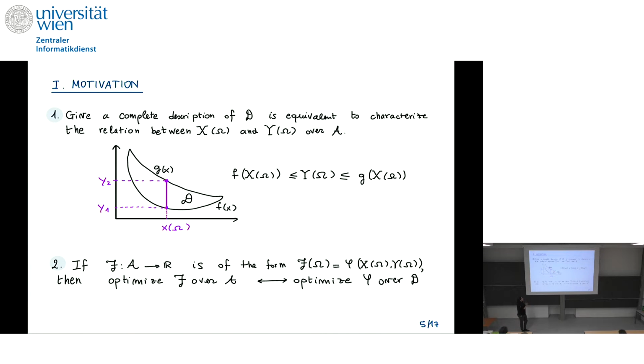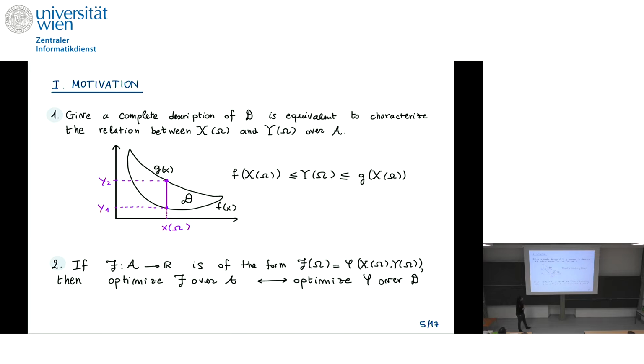Assume that you have found that the diagram is this set here, then it means that the shape functional capital Y of omega is between this lower function small f, which describes the graph here, computed at capital X of omega, and as the upper bound you have G computed at capital X of omega. And the two bounds in this picture are optimal.